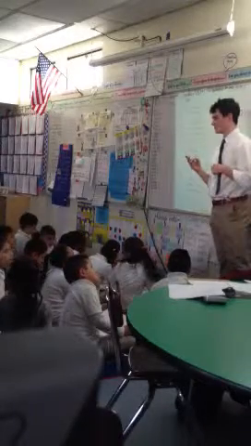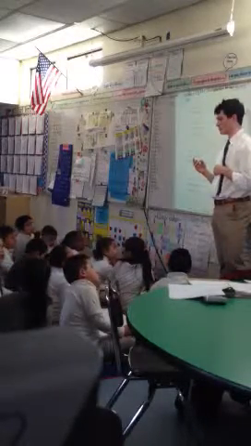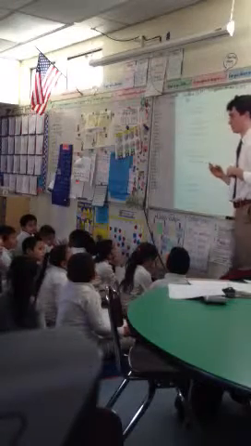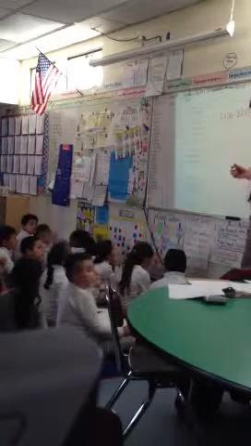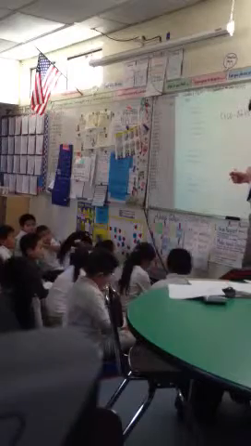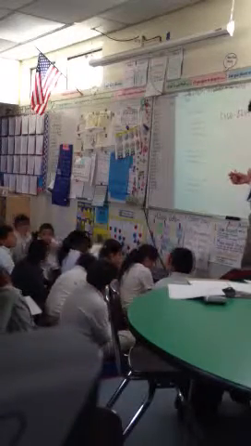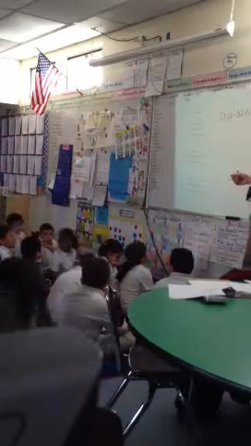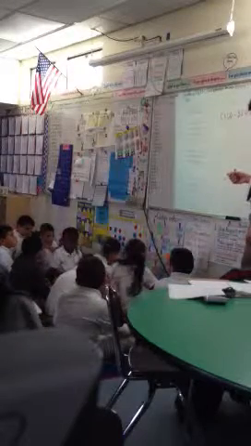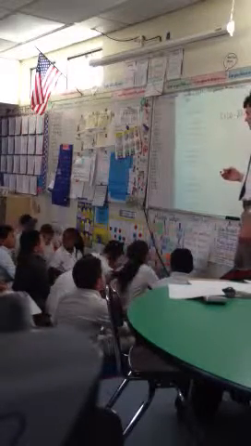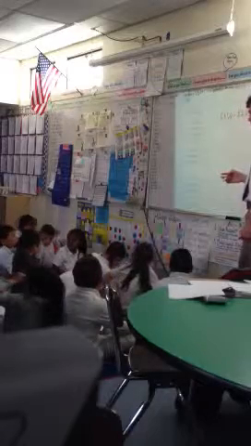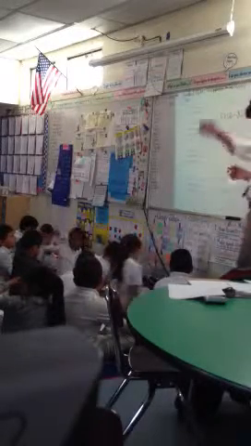Okay. Did everyone hear what Odiel said? Who can echo? Odiel, say it again. Yeah, if it's 50 cents, you give 2 quarters. I would do a nickel and then 2 quarters.